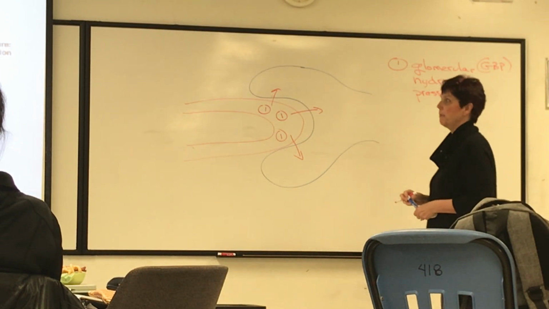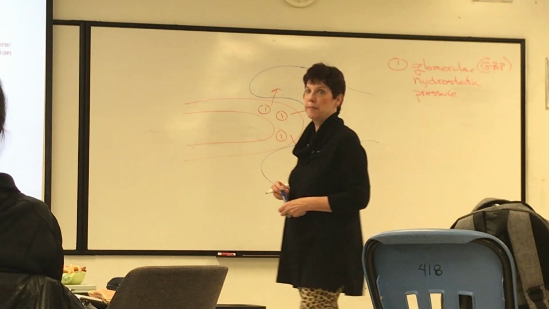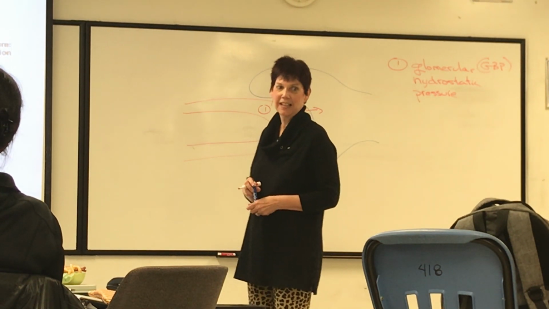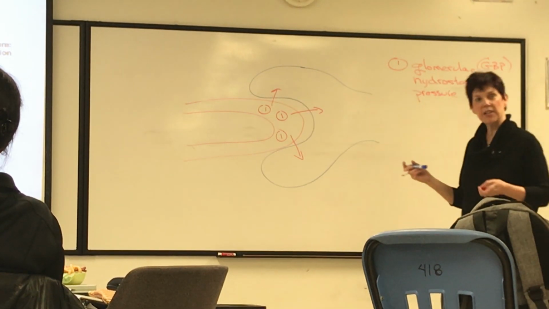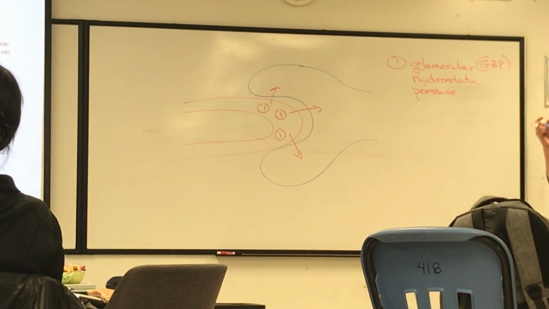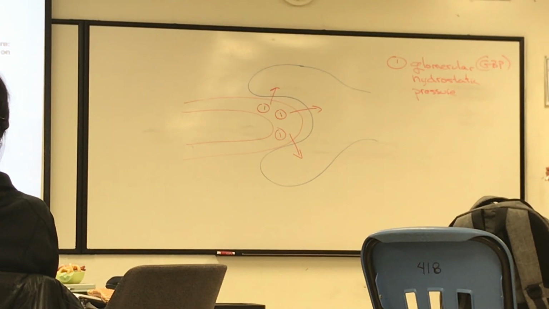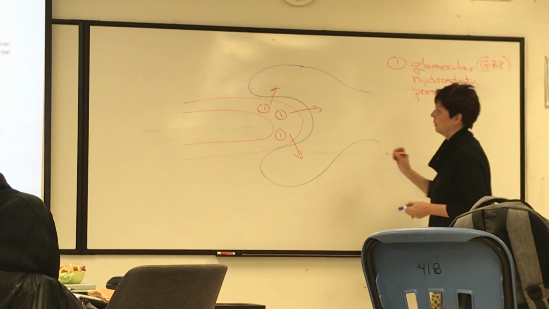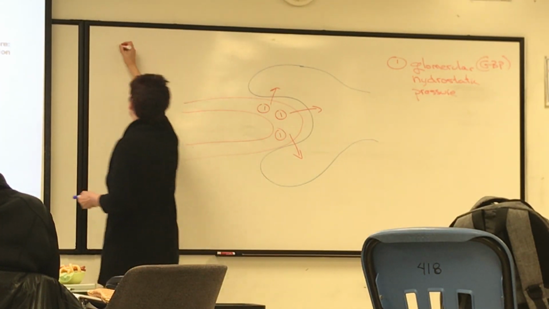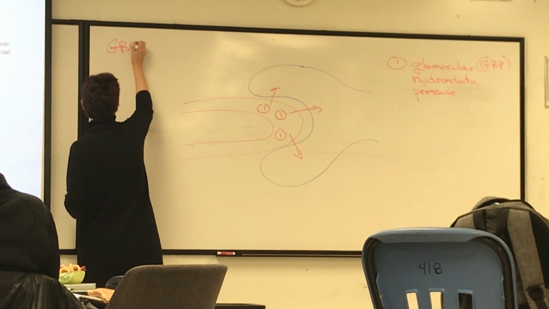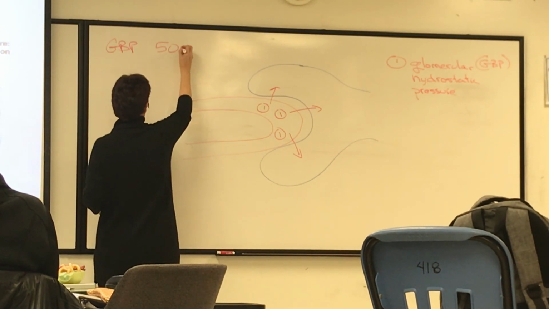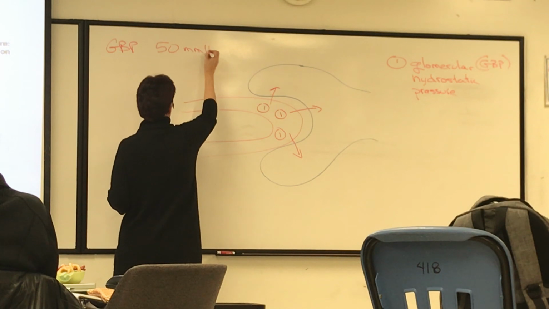All right, and that's typically about 50 millimeters of mercury. So in relationship, systolic pressure on average is around 120 to 70. And so we're saying this is 50, all right? So we'll put that formula over here. Glomerular blood pressure is 50 millimeters of mercury.